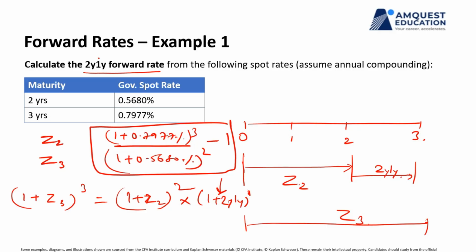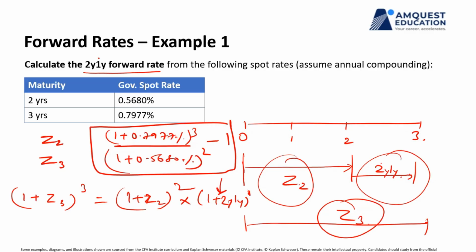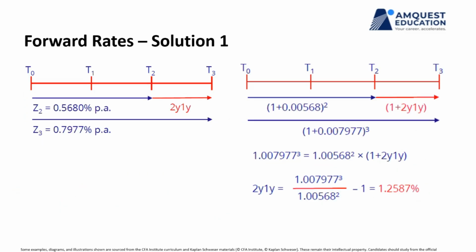Writing the equation is very critical. If you cannot write the equation, you will not be able to solve this. So either take a 3-year loan today itself, or take a 2-year loan and then take one loan after 2 years for 1 year. No arbitrage says that the arbitrage should not exist. Doesn't matter if you take 3 or if you take this way, your rate should be equal. See this.